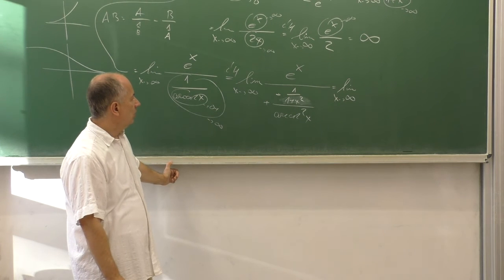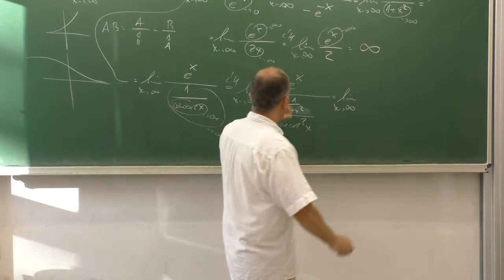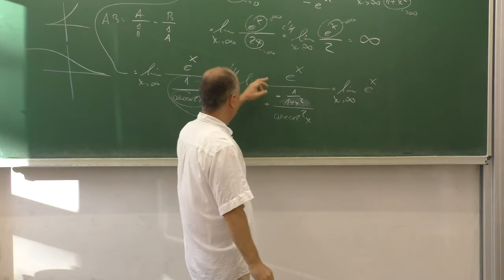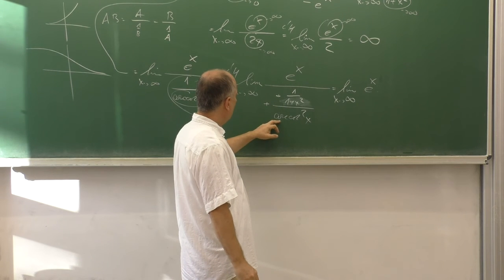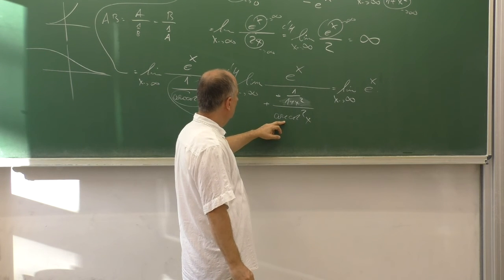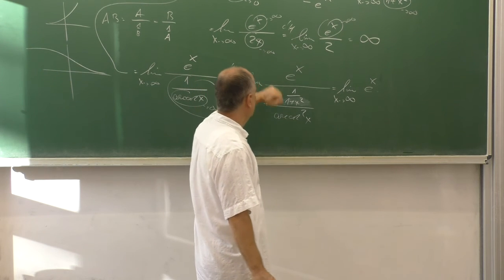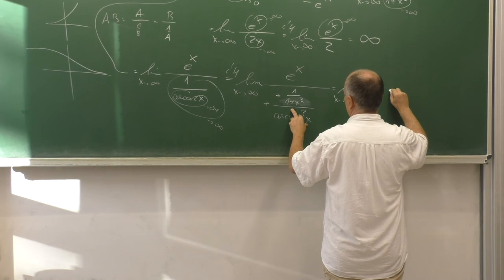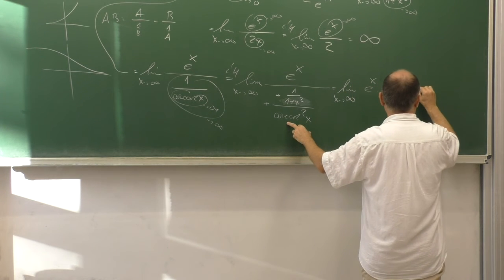And now we have e to x times, and here we have 1 plus x squared times arc cotangent squared, both in the numerator of the numerator, in the denominator of the denominator, which is equivalent to being in the numerator. So we have 1 plus x squared times arc cotangent squared of x.